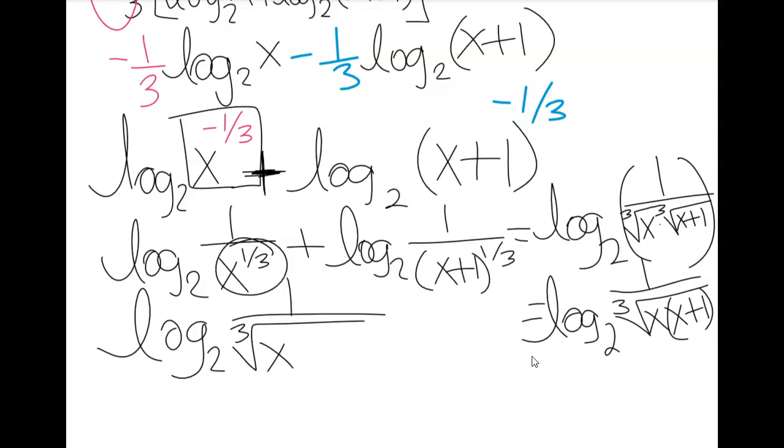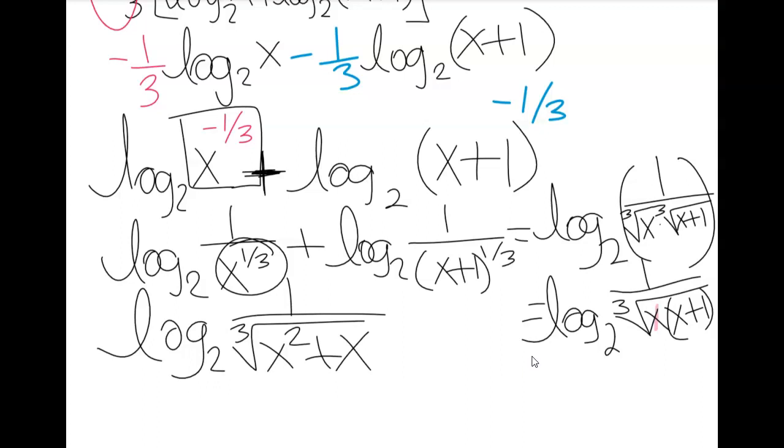So this will be x squared plus 1. Oh, no. Plus x, because we have to distribute the x. This one right here. Okay, so that will be plus x.